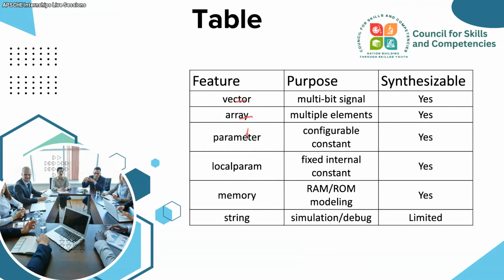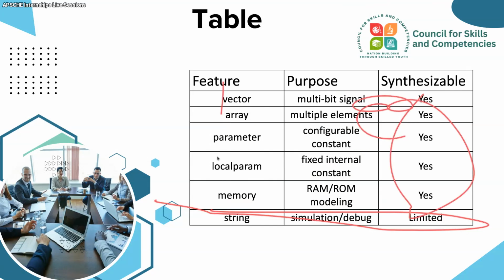So vector, array, parameter, local parameter, memory, and string: what is the purpose of each? A vector is for a multi-bit signal. An array is for multiple elements. A parameter is a configurable constant, a local parameter is a fixed internal constant, and memory is used for RAM, ROM, and modeling. Except for strings, you can synthesize all the other things.